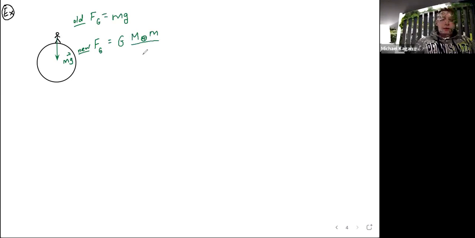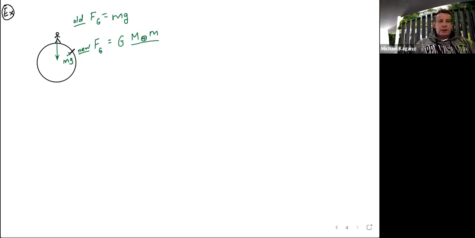Over distance squared. And remember what we just discussed in the previous slide. The formula works if you assume that all of the mass is sitting at the center. So the distance would be the radius. So put radius squared in here.